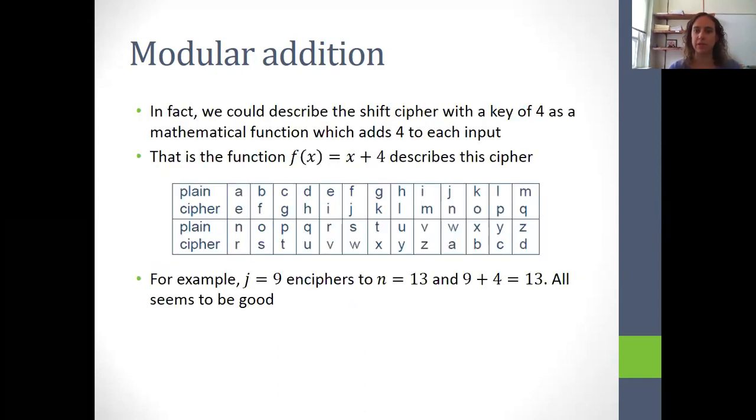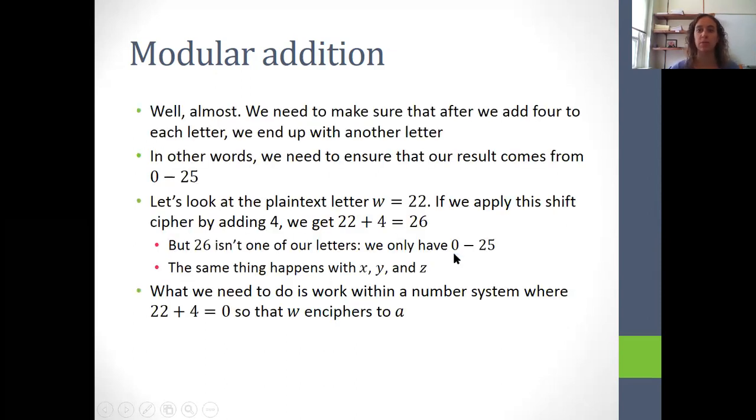But if we go back to the previous table, we know that W should encrypt to A, which is 0. So what we want to do is basically not work in the regular number system, but in a different number system where this equation, 22 plus 4 equals 0, is true. Because that means that the letter W, when we apply the shift cipher by 4, would encrypt to an A, which is exactly what we want.